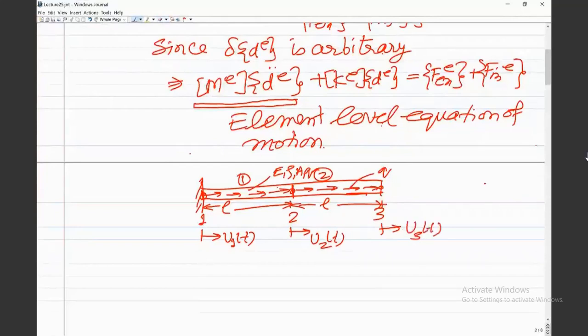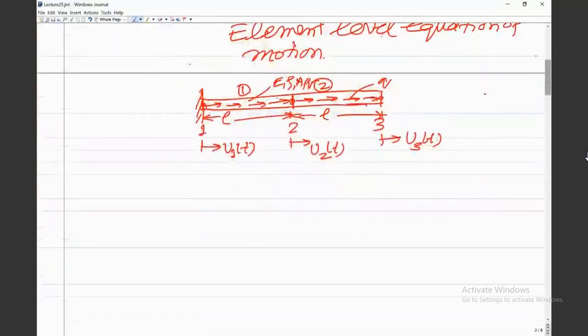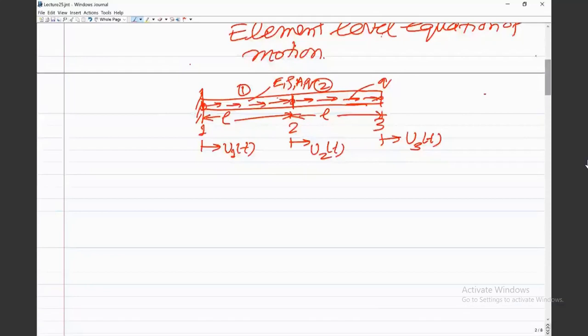Now if you want to write the equation for the whole system, assembly comes into the picture. For the system as a whole, there are 3 nodes and 3 global degrees of freedom. So the overall size of the mass matrix and stiffness matrix is going to be 3 by 3, and the load vectors would be 3 by 1.